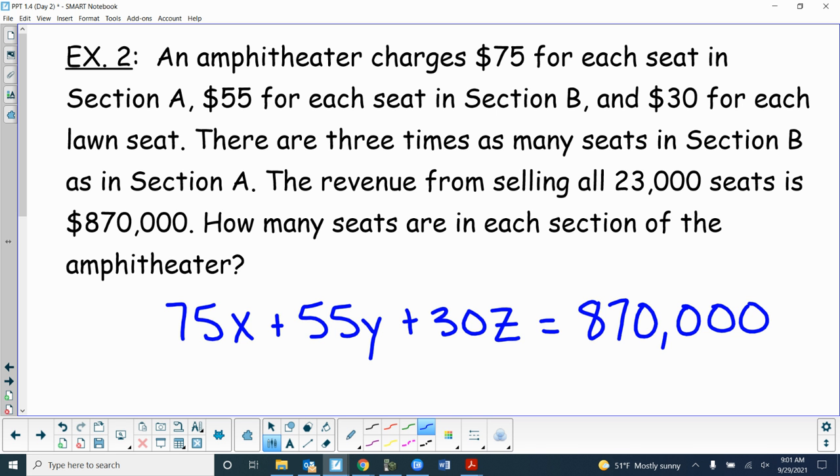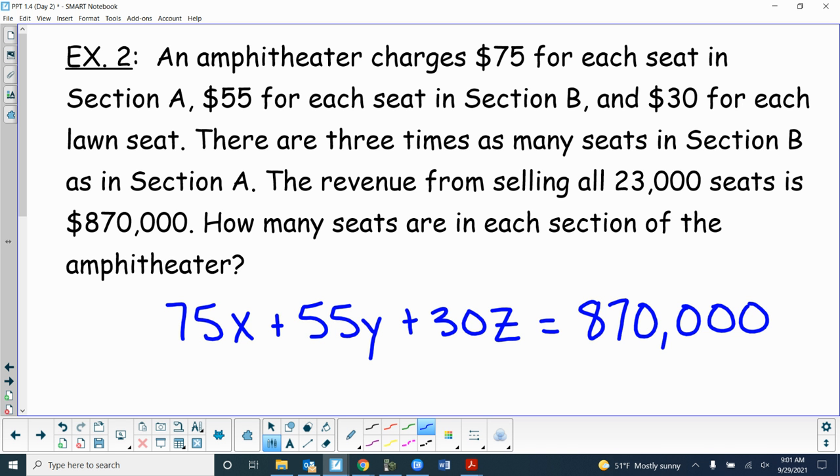Okay? And the revenue means how much money. All right? Since it says all 23,000 seats, remember that's the price per each seat, right? So there's so many in the A section, there's so many in the B, and so many in the C, but altogether there are how many? 23,000.